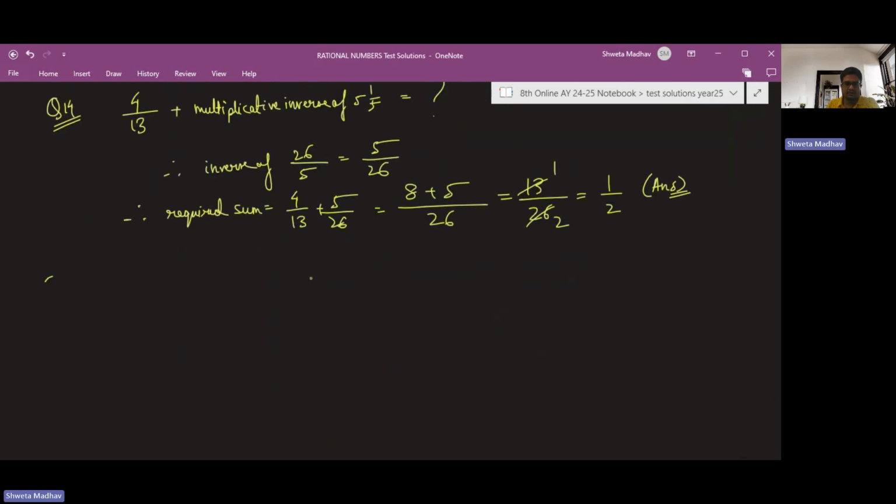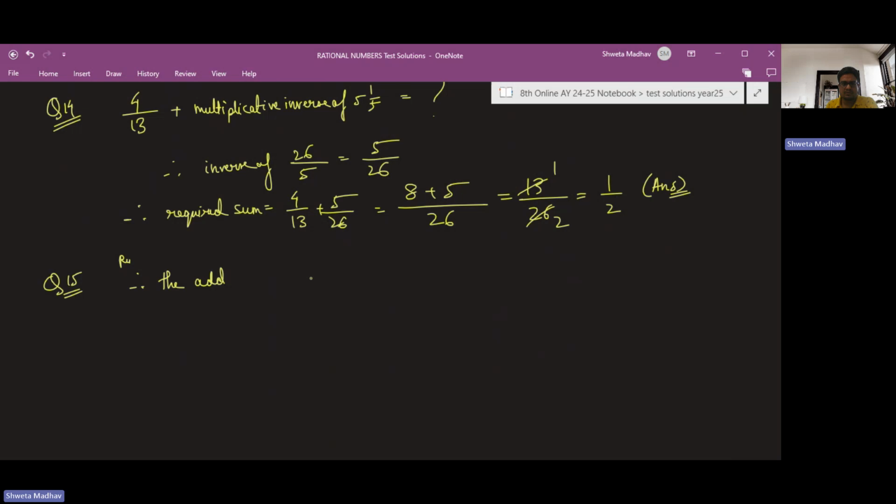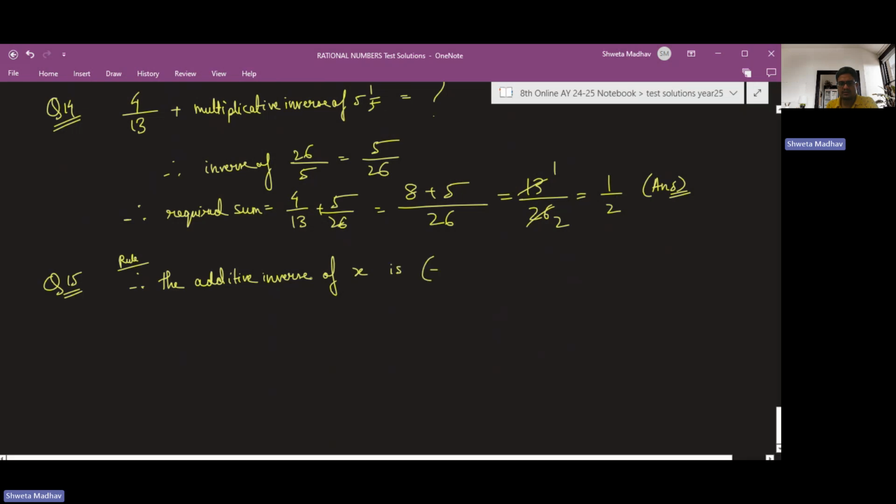Then in question number 15, it has been told to find the sum of the additive inverse and the multiplicative inverse of minus 1 by 3. Therefore, the rule we should know first is that the additive inverse of any number x is minus x.